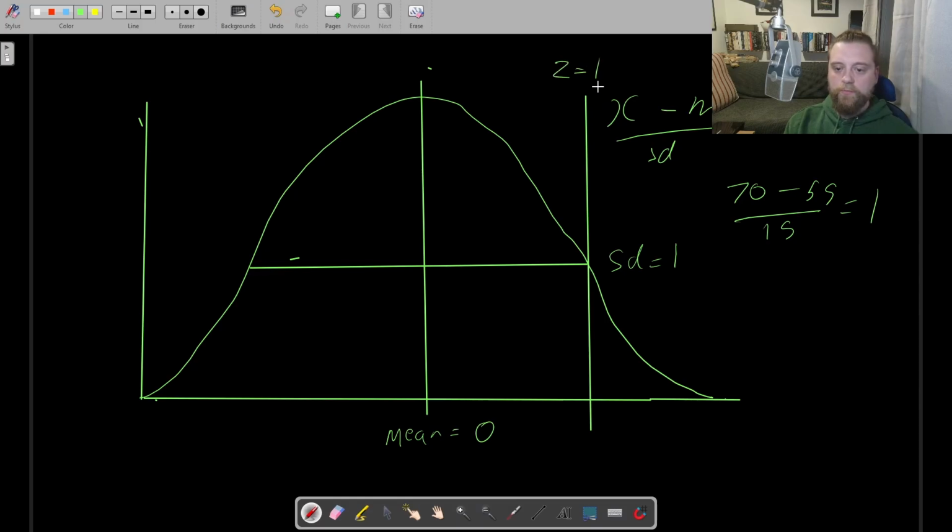And crucially, 1 standard deviation from the mean also means a set percentage on this side and this side of the distribution. As we already saw, in this case that was 16%. So a z-score of 1 will always mean that 16% of the distribution will be higher than where we are, and roughly 84% will be lower.